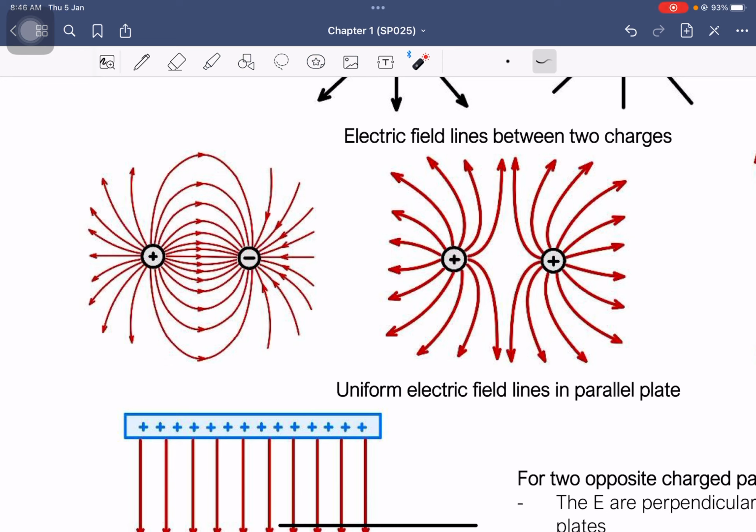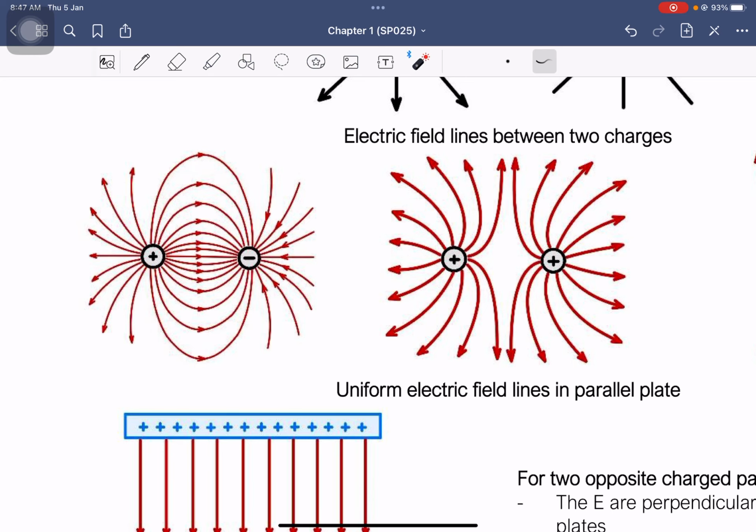Okay, for two charges, if we have a positive and negative charge, the electric field from the positive charge will be going into the negative charge. This is just how you would draw it. At this point here, when they are closer together, it means that the electric field strength is greater than the one at further apart here.